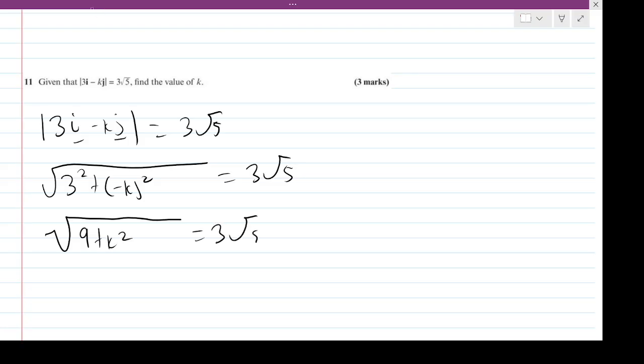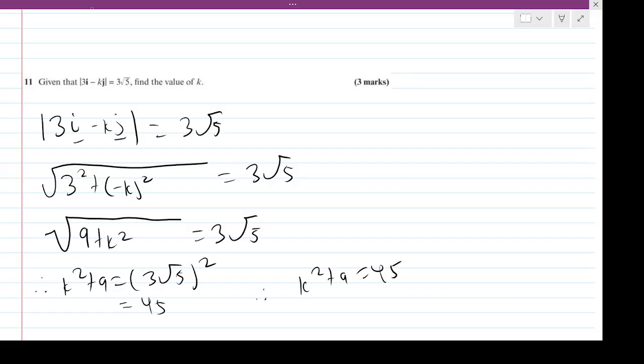Then I'm just going to square both sides to get rid of the square roots. So that's going to be k squared plus 9 equal to 3 root 5 all squared, which on the calculator gives me 45. So therefore k squared add 9 is equal to 45.